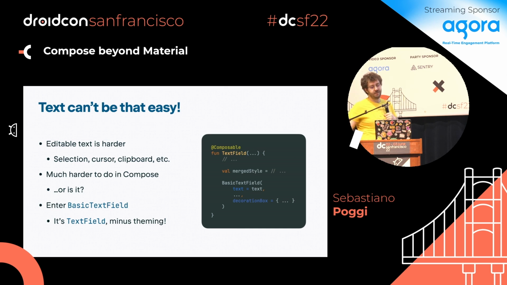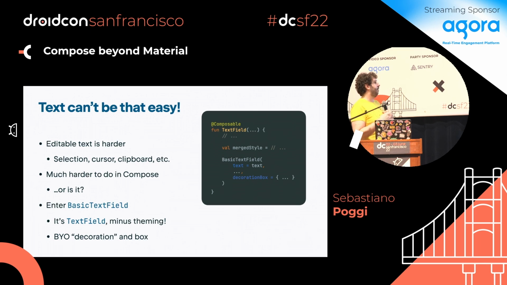This is the Material implementation. And yeah, the only thing you really need to do is provide the decoration and the box for your text field. What do I mean by that? That's a text field. Someone typed something somewhere, but there's no decoration around it, there's no box. So that's the part that you provide, because that's the part that belongs in your theme and not in Foundation.